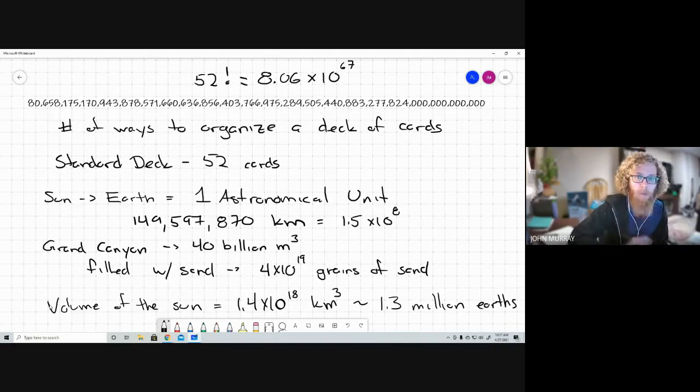And scientists say that you can probably fit about 1.3 million Earths inside the sun. And again, that number is nowhere near this. To have 67 zeros follow something is hard to wrap your mind around.